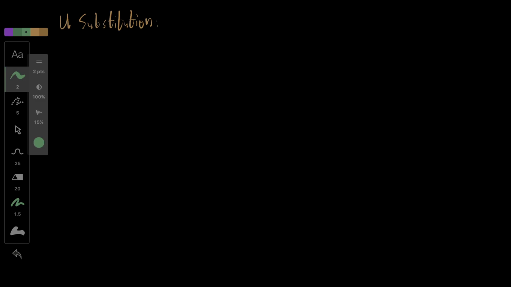So let's say I have a function f of some other function g of x, times something else, let's say h of x dx. Now, the thing is, integrating a function of another function is very difficult to do without U substitution, as oftentimes they're not exactly the most elementary functions.